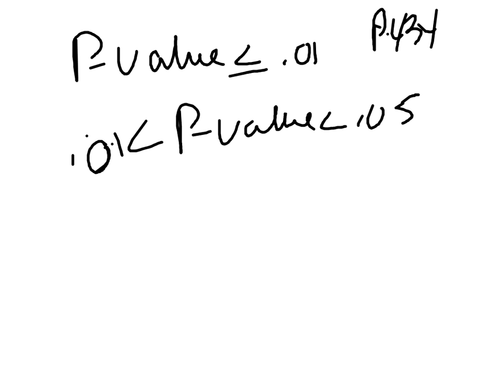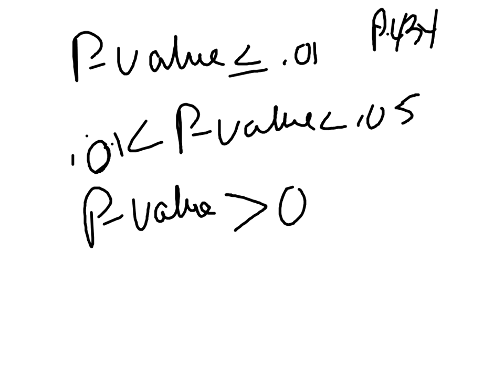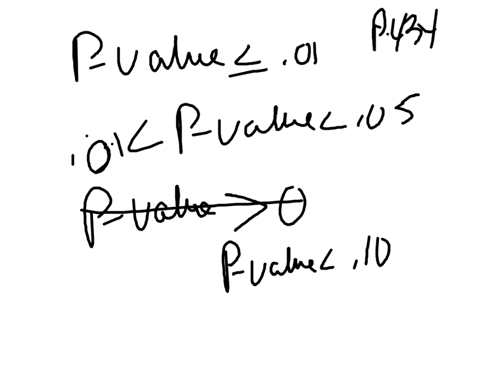And then they tell us if we get a p-value between 0.05 and 0.10, we're supposed to consider the consequences of a type 1 error before rejecting the null hypothesis.